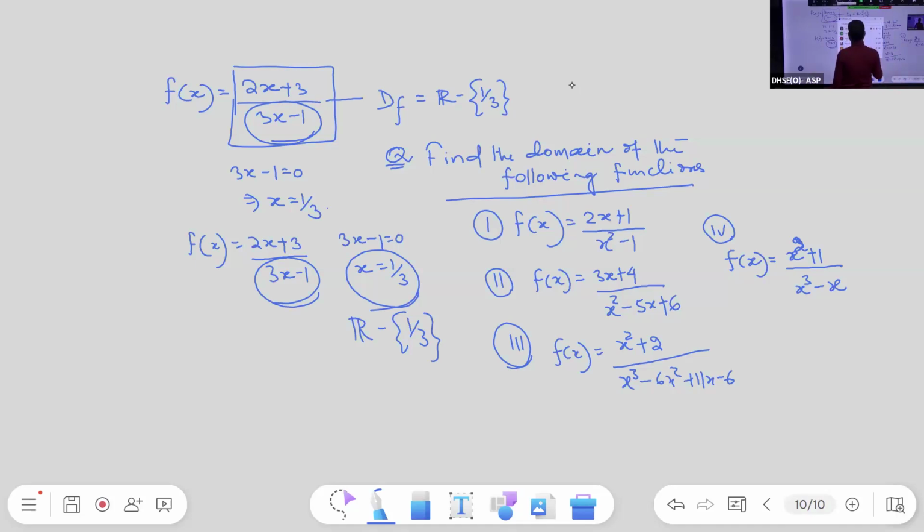A third one? Yes, R minus 0, 1, minus 1. Pratisha, you are also correct.